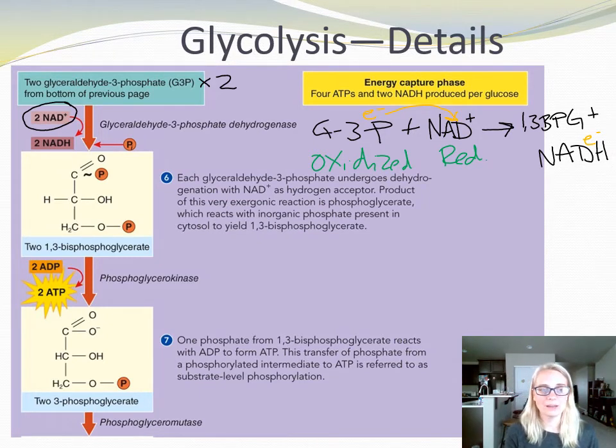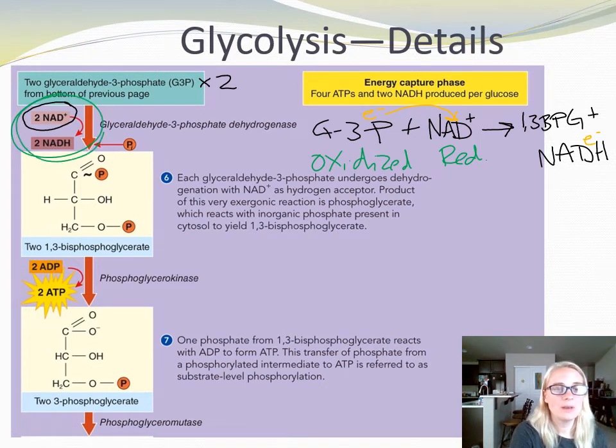So anytime you see this combination of a reaction, NAD+ going in, NADH going out, that's your clue that it is a redox reaction. We are stripping those electrons away from some carbon-based molecule, in this case it's G3P, storing those electrons temporarily onto the NADH. Now we don't know the reason for that yet. We're going to get there. It's called the electron transport chain. There's a little bit of foreshadowing for you.